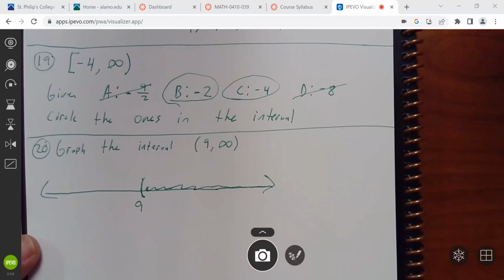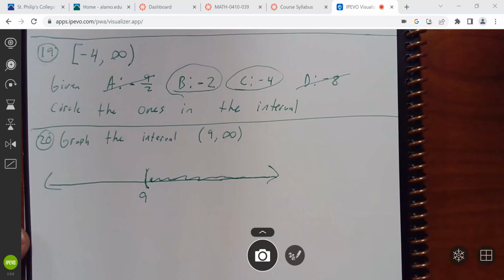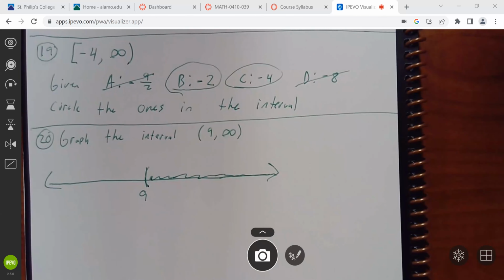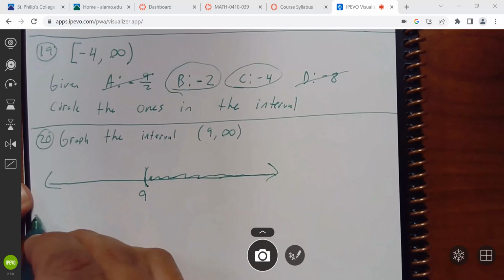Right there, we just gotta put the dot. Put it in purple, or if you use dots, make sure you know which ones you're using. If you're not sure, just stick with the parentheses. The solid dot would be bracket, open circle would be parentheses. We didn't talk about it, but if you use them, you know.